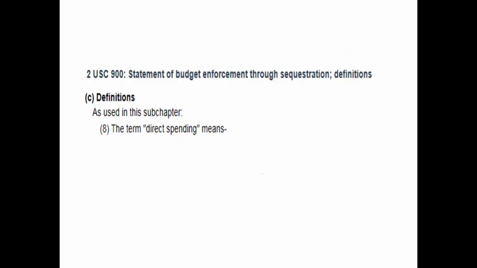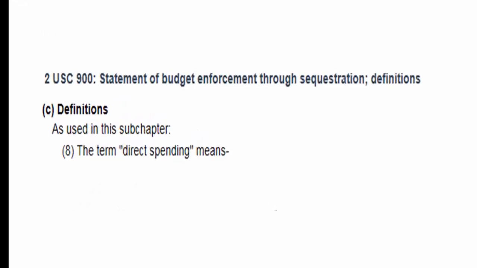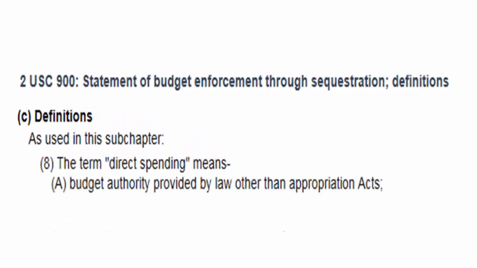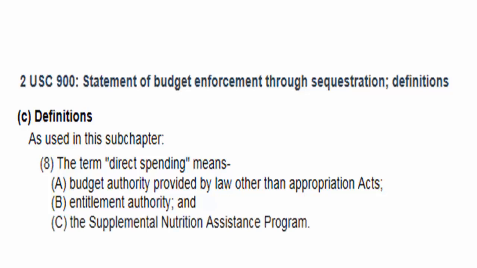First of all, in the Balanced Budget Act, now codified at 2 U.S.C. 900, Congress defines direct spending as 3 components. Budget authority provided by law other than appropriation acts, entitlement authority, and the Supplemental Nutrition Assistance Program, or SNAP.